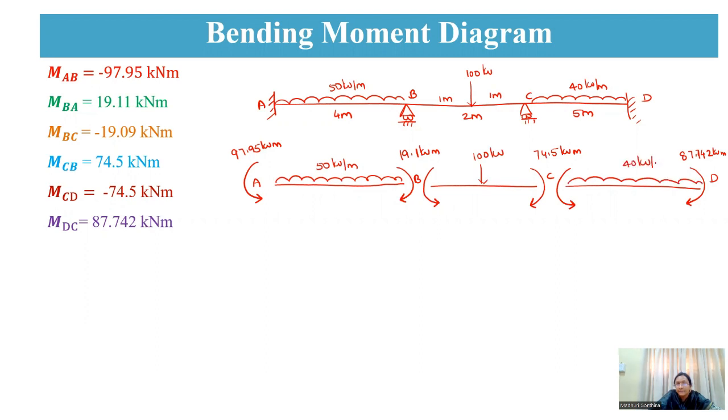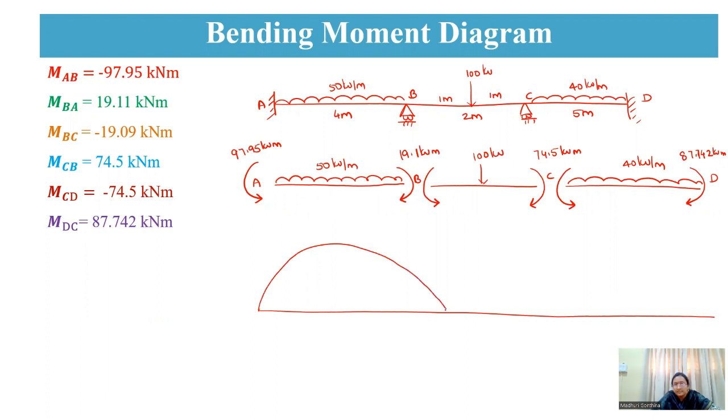For this, you are going to draw the bending moment diagram. First I'll draw the simple bending moment diagram. For AB, as you are having UDL, for a simply supported UDL it is like this.